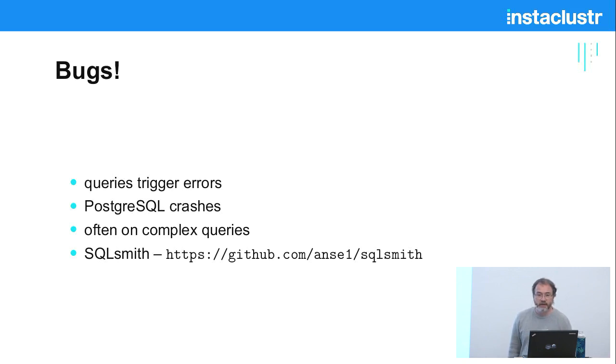SQL is a complex language, as we've already learned in an earlier talk today, and some queries actually trigger bugs in the Postgres server. Of course, there's an extensive test suite that Postgres is running, but no test suite can cover everything, and sometimes Postgres even crashes.